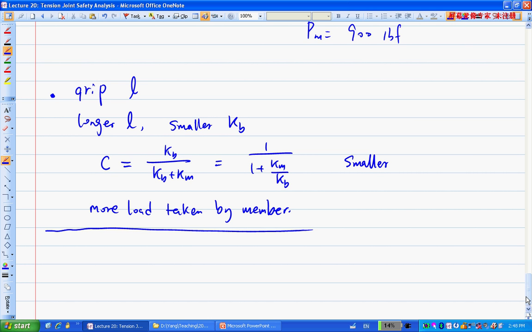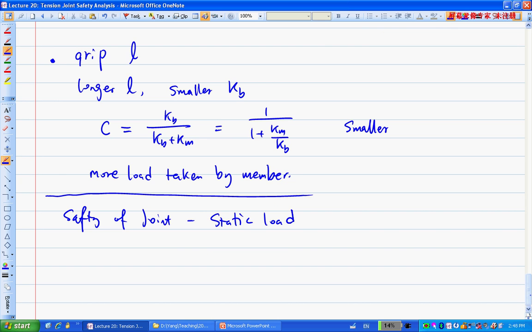Now let's make use of this information to do some analysis. We analyze the safety of the joint. First, let's look at the static situation. For the static case, we need to calculate the stress on the bolt.